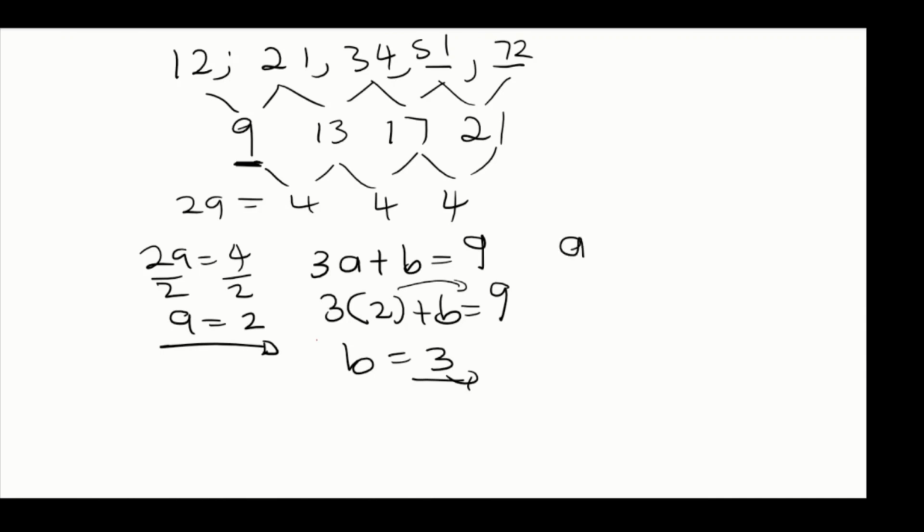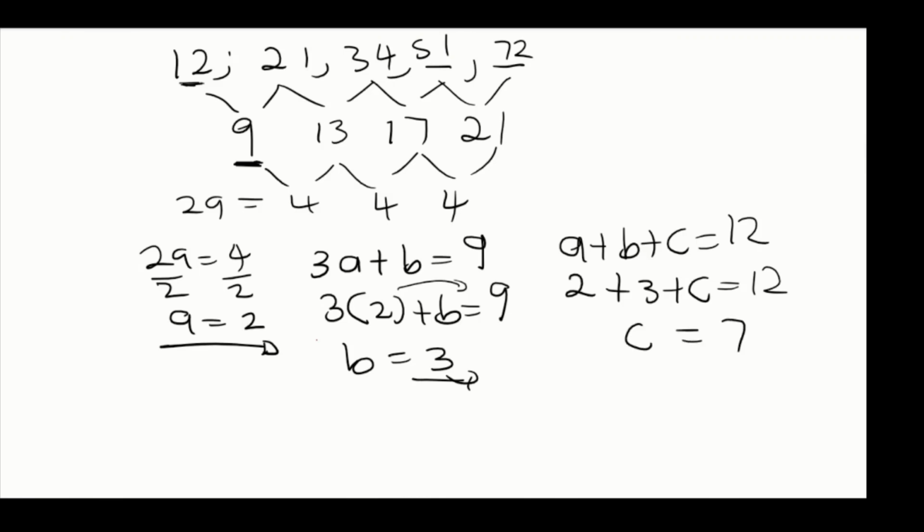Then a plus b plus c is equal to the first term of the quadratic pattern, which is 12. And our a, we know, is 2, plus our b is 3, plus c is equal to 12. We add the 2 and the 3, which gives you 5. We transpose to the other side, so you should get c being equal to 7.